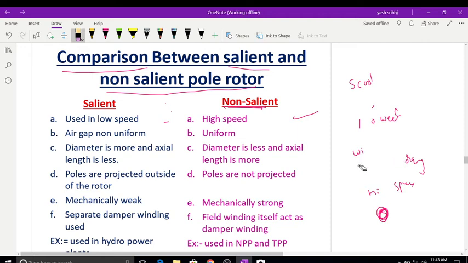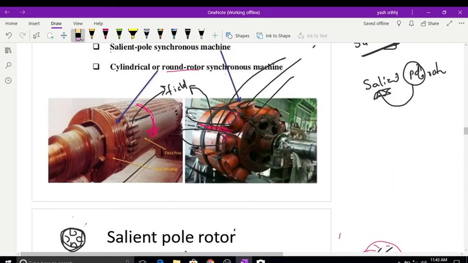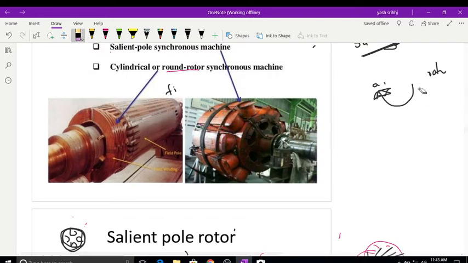The next one is that the air gap is non-uniform. You can see that clearly here in this figure. You can see whether a uniform air gap is present or not.